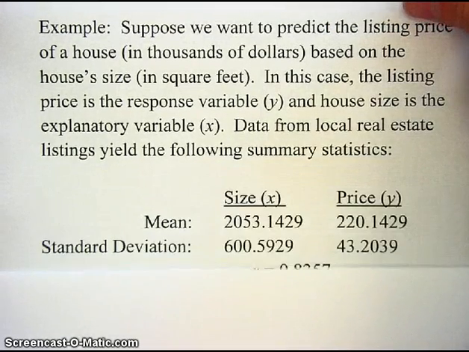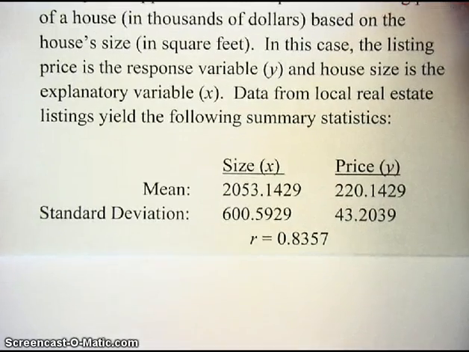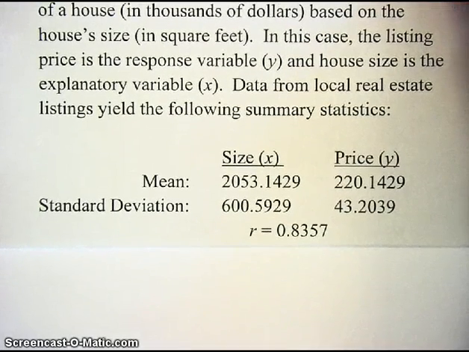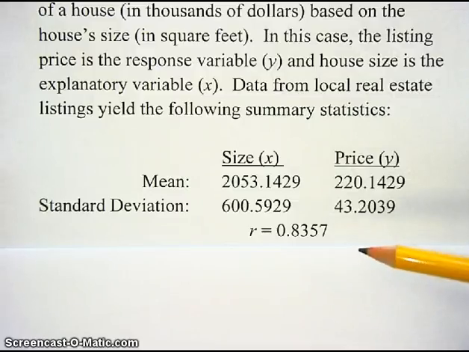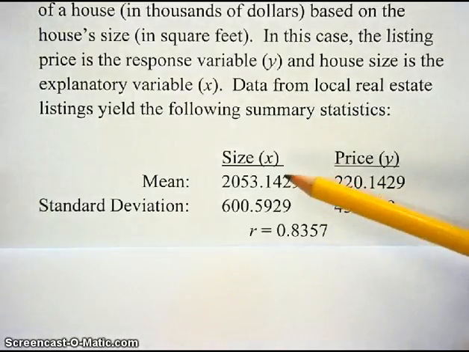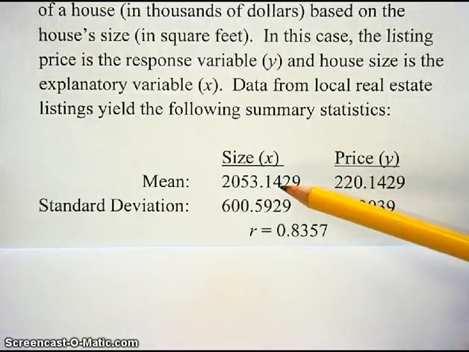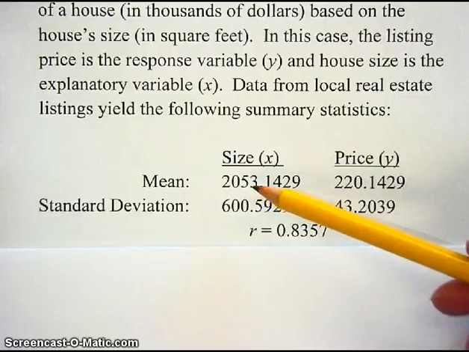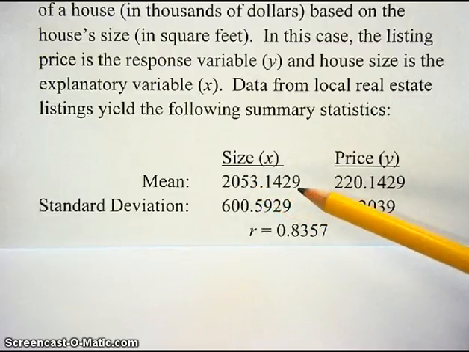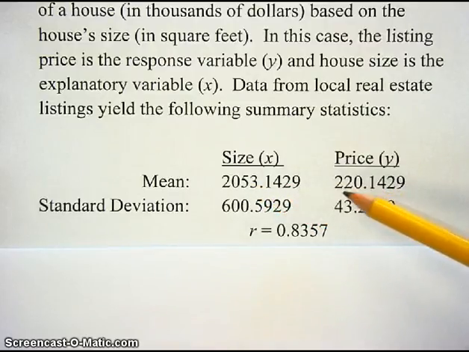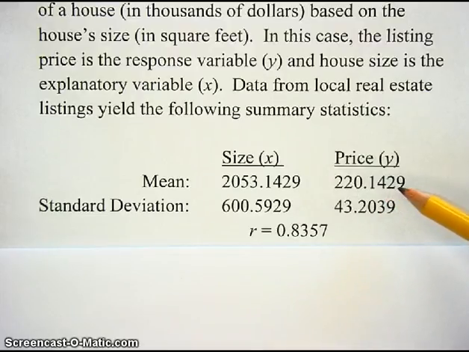Now we have some data here that we gathered from a local real estate website, and we have some houses. The mean size of the houses that we looked at was 2,053.1429 square feet, and the mean listing price was $220,149.